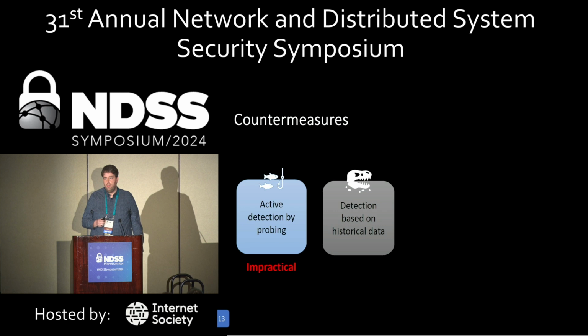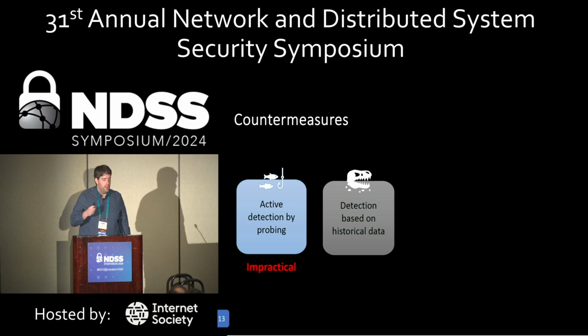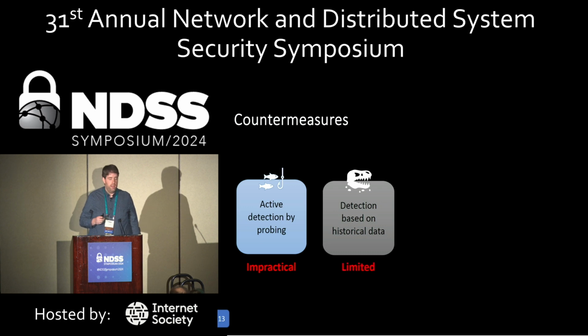But we could use a detection based on historical data. As seen before, we used the historical data to check if co-measurements happen. The same analysis can help to identify potentially malicious relays. However, this approach is limited, as the historical data only contains the end times of the bandwidth measurements involved and not the starting times of those measurements.